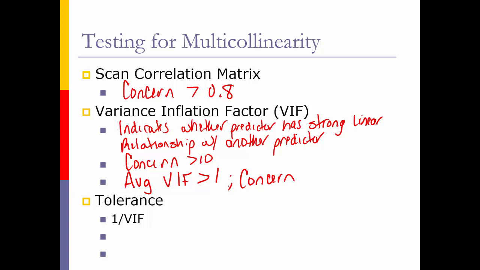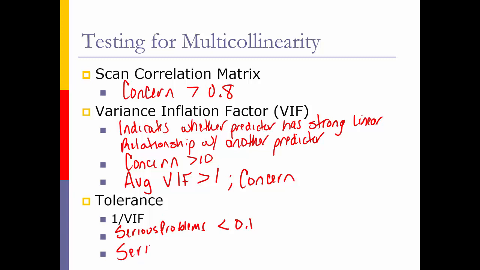Now you can take your tolerance, or 1 divided by the variance inflation factor, and you could say that you've got serious problems if you have values that are less than 0.1.